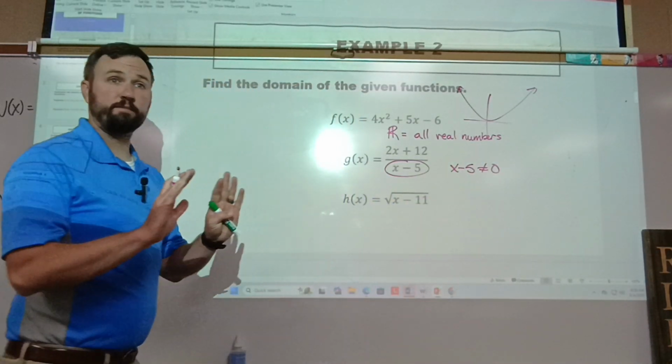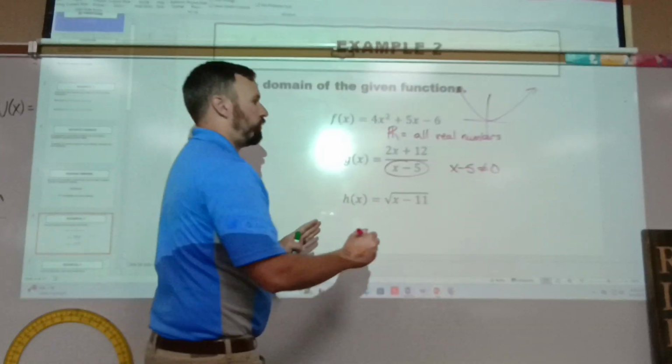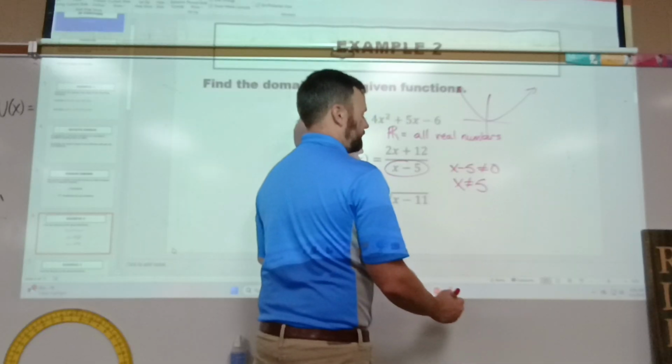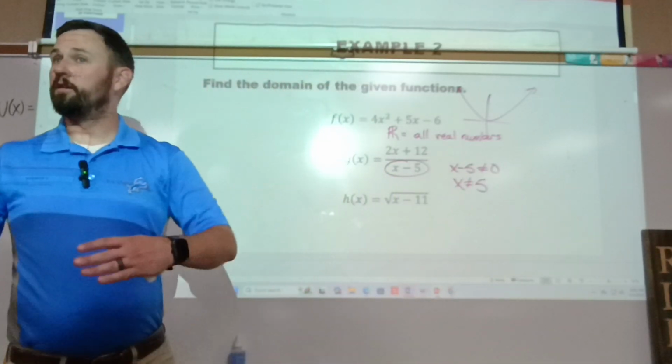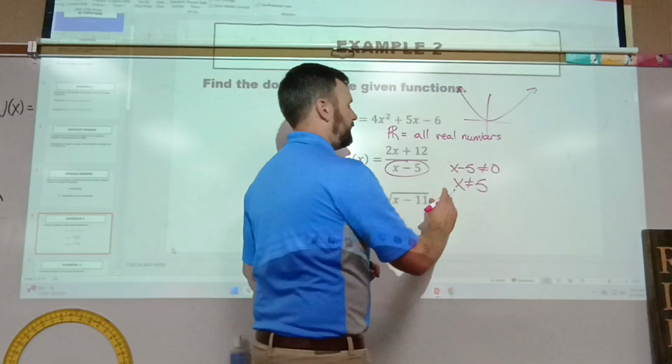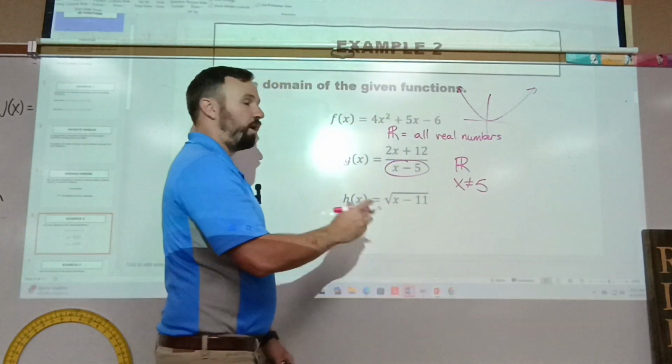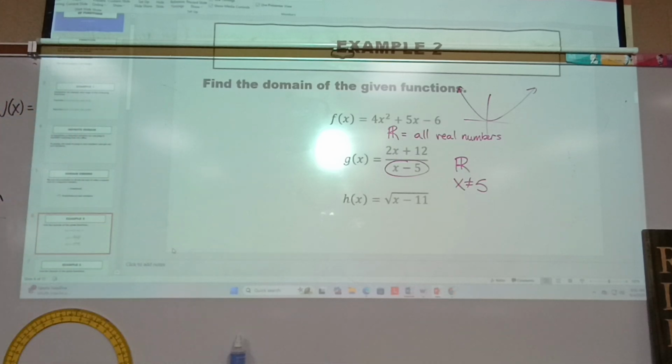So what can't x be? 5. That's your domain. All real numbers except 5. So you'd actually write it that way. It's all real numbers, but x is not 5. This is calc stuff, actually. This is the first unit of Calc 1. This is what we do.